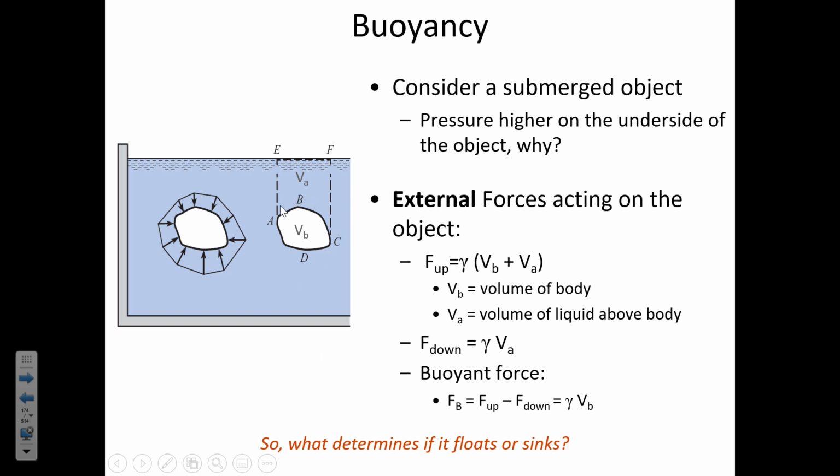But if this was made out of relatively lightweight wood, like pine, it would begin to float to the surface. And so what determines whether a submerged object floats or sinks is the density of the object compared to the density of the liquid that it's submerged in. Any questions so far?